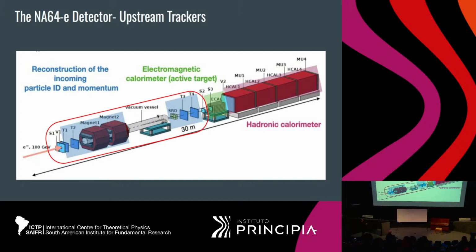And to eliminate these contaminants, the first part of the detector, which is also called the upstream part, is responsible for the particle identification. And we will see now the components of this detector chain.